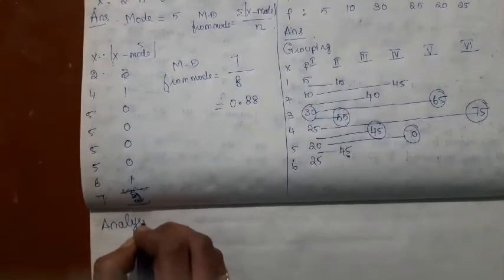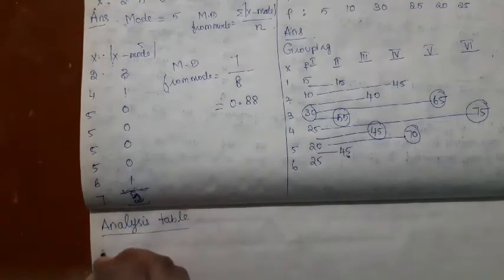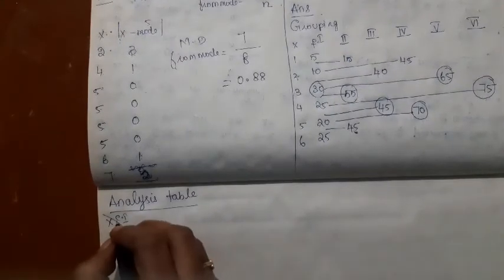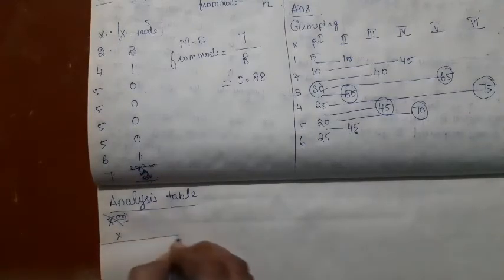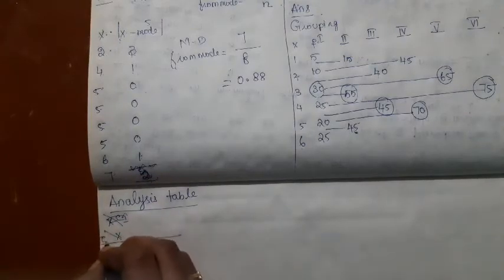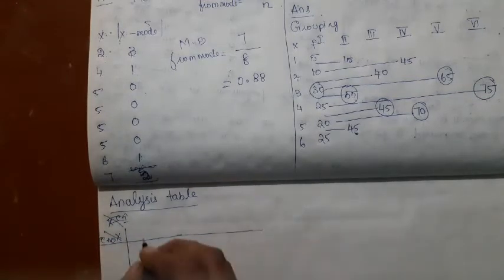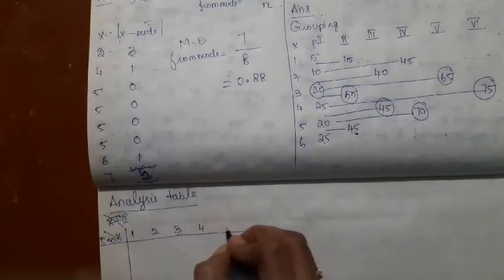Now you should frame the analysis table. Let us have x values in the topmost row and column numbers in the leftmost column. The x values are 1, 2, 3, 4, 5, 6.